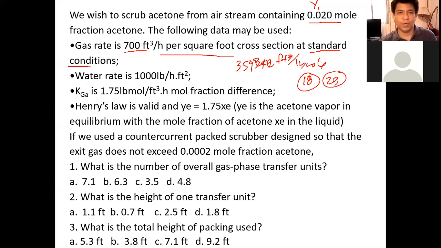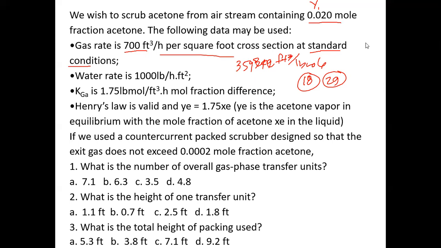KGA is 1.75 pound mole per cubic feet per hour per mole fraction difference. Henry's law is valid and Y sub E is 1.75 XE, where Y is the acetone vapor in equilibrium with the mole fraction of acetone XE in the liquid. Use a countercurrent packed scrubber design so that the exit gas does not exceed 0.0002 mole fraction acetone.